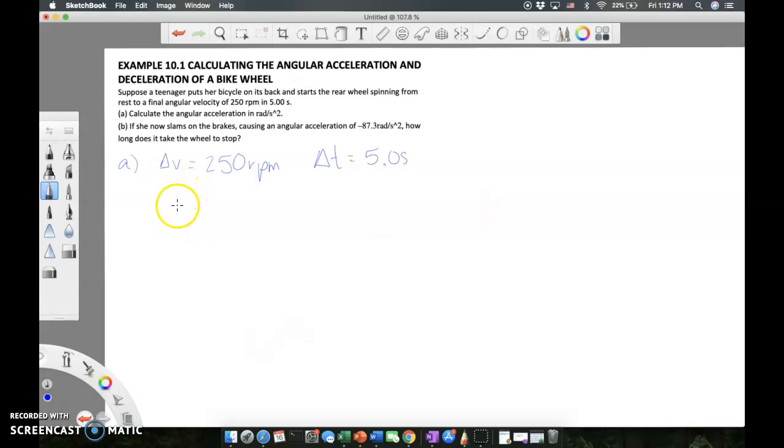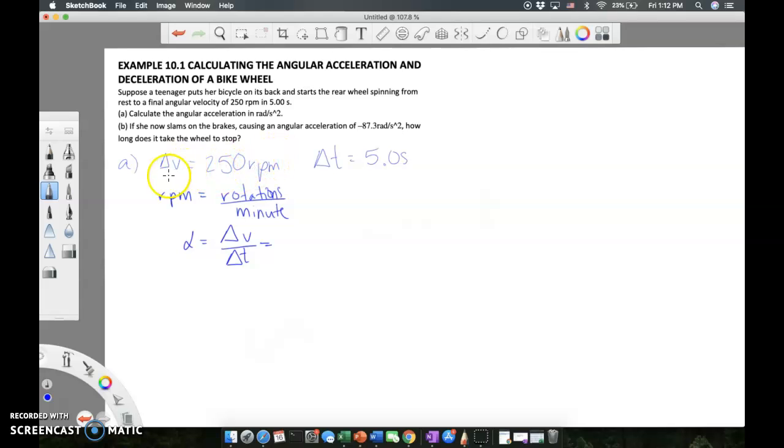Remember that RPM is just rotations per minute. So we want to know our angular acceleration, which we just learned is alpha equals delta omega over delta t. We can go ahead and plug this in, or we can change the units of our angular velocity.